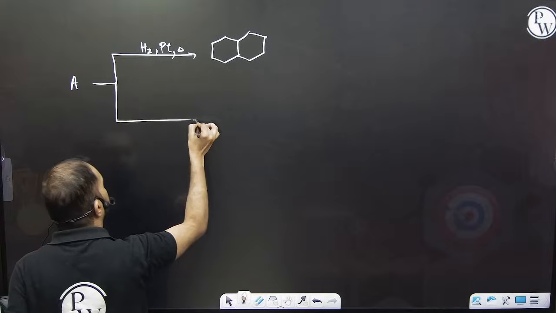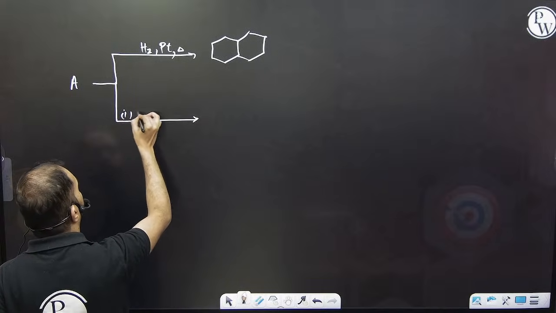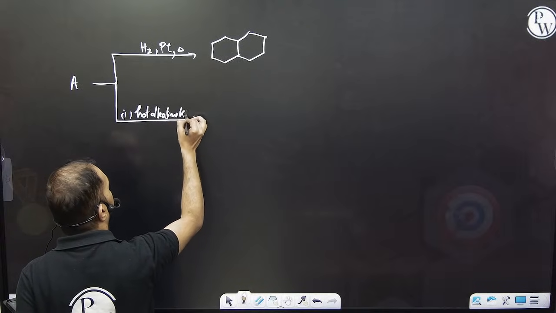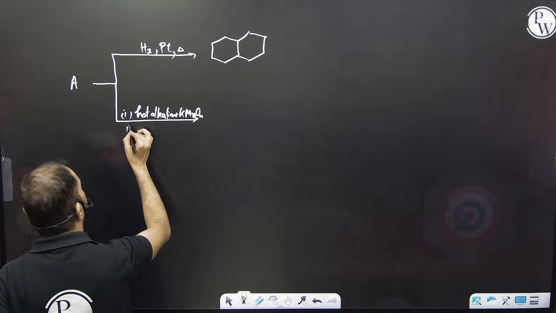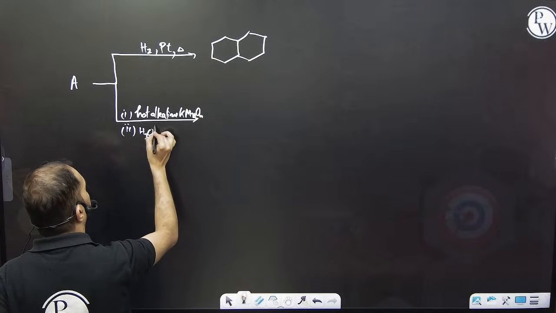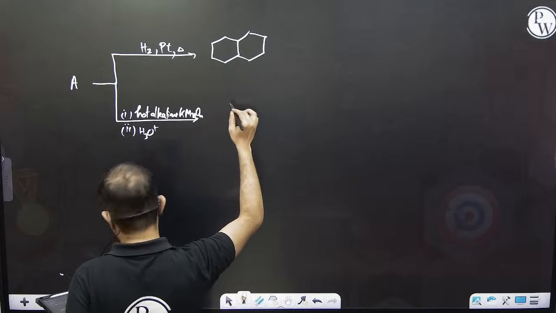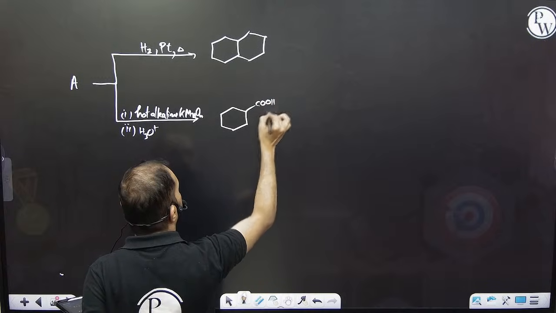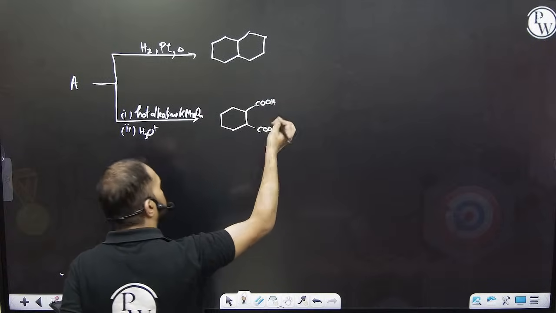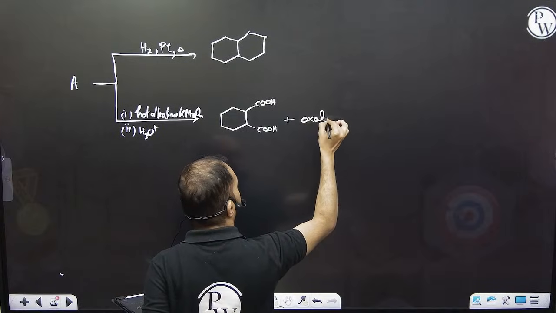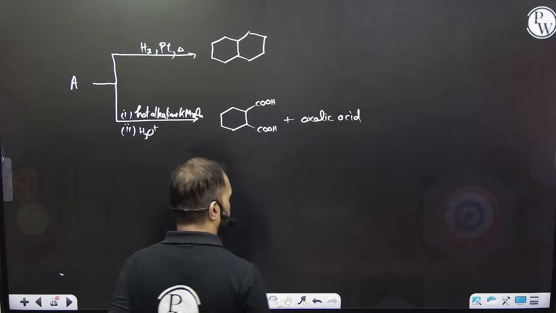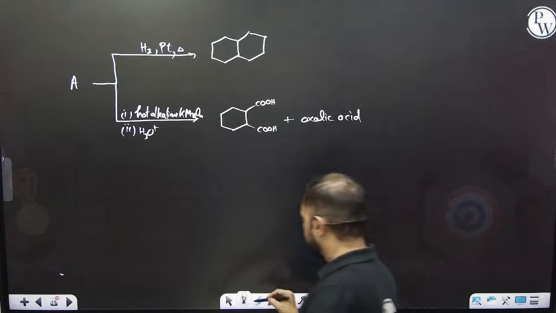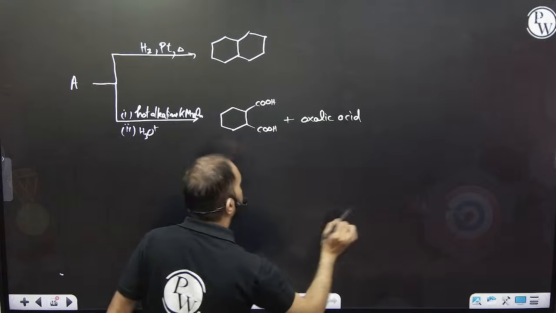The same A is reacted with hot alkaline KMnO4, followed by hydrolysis. And the product mentioned was something like this: dioic acid, COOH, COOH, plus 1 molecule of oxalic acid. Find the structure of A. That's the question, right? So this is a good level question, I would say.